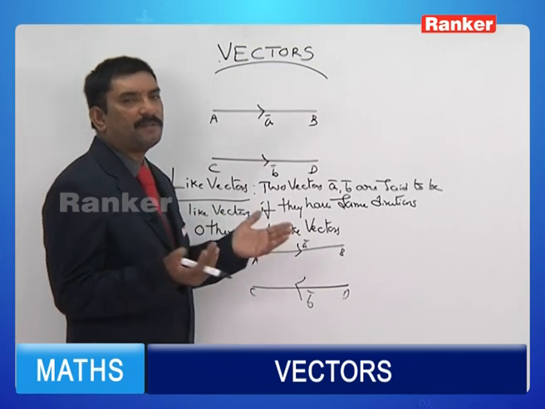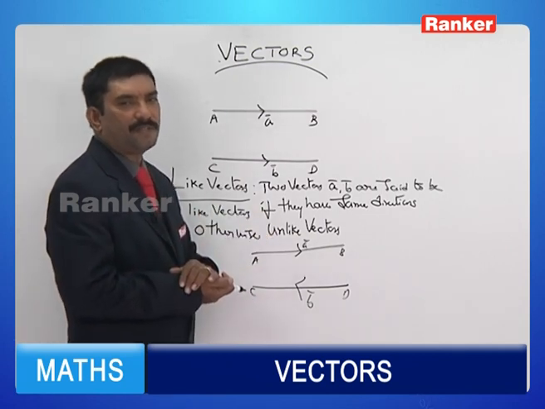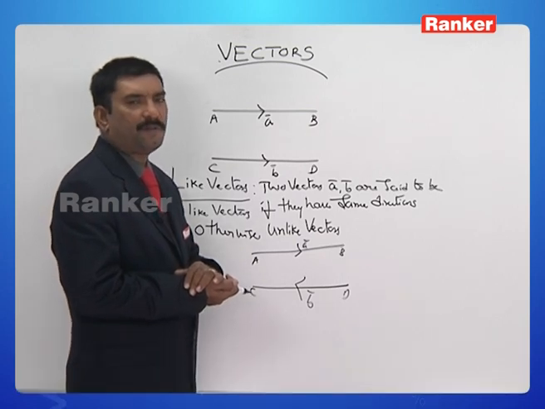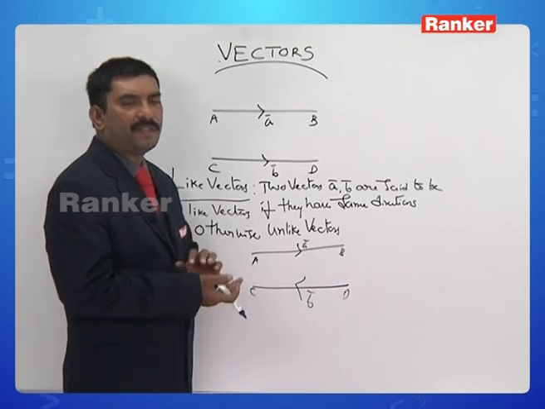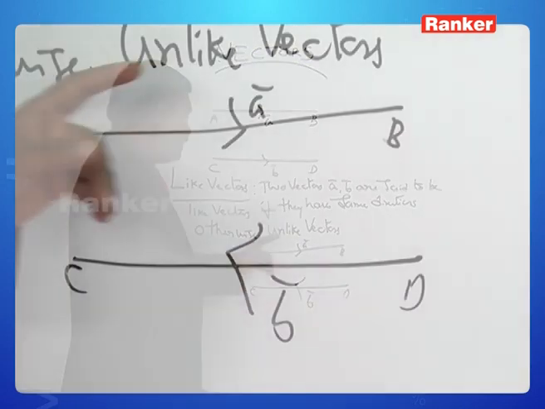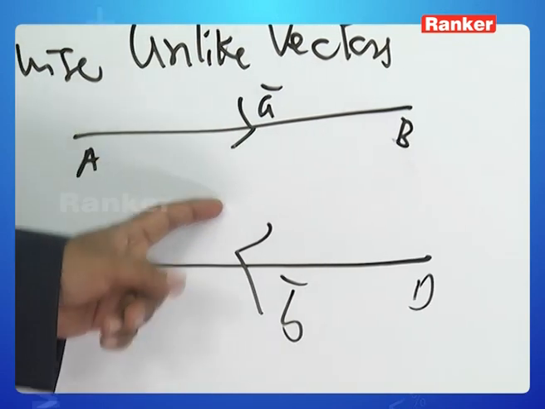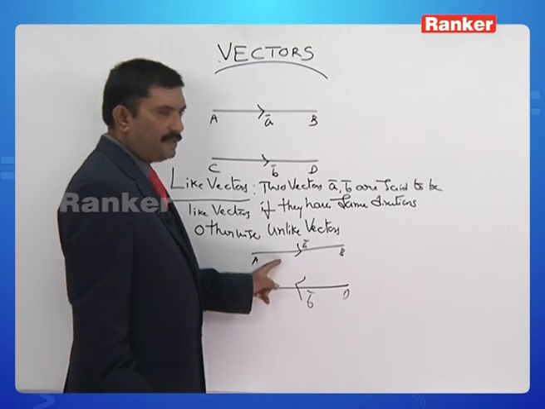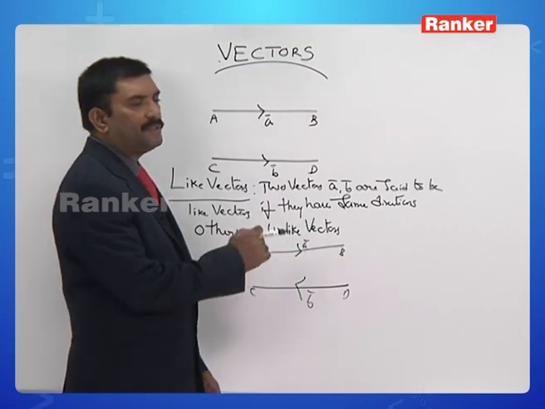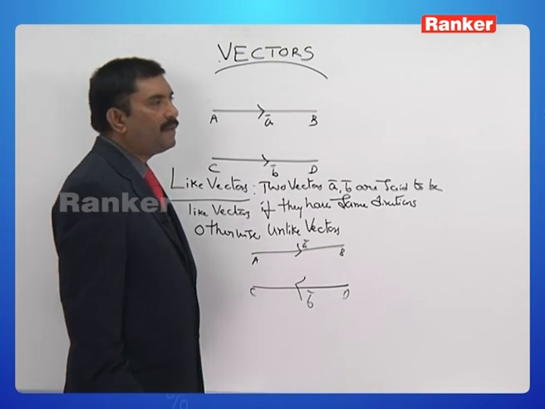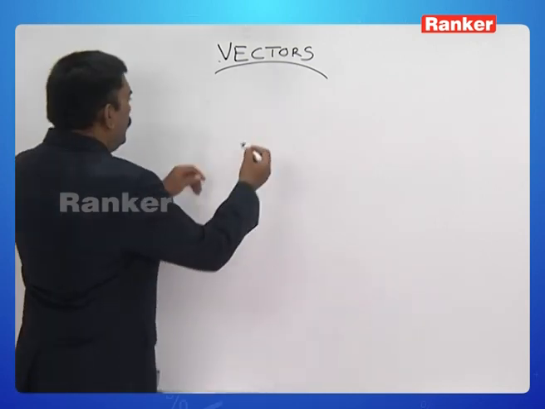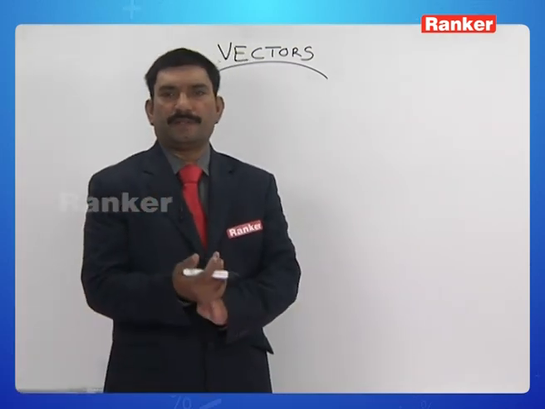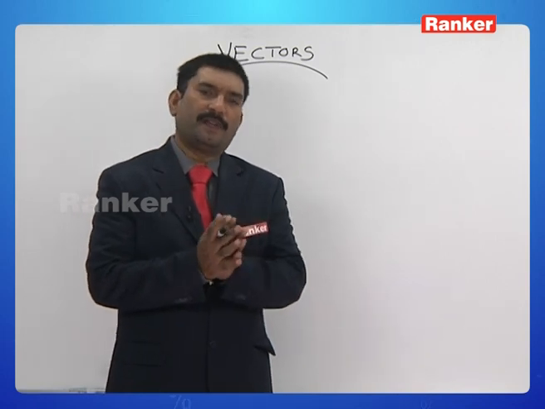Negative in terms of directions. We are not worried about the magnitudes. It goes without saying, that is quite obvious. So like vectors are vectors having the same directions, and if they have opposite directions, we call them unlike vectors or negatives of a vector. Now, we shall discuss equal vectors and unequal vectors.